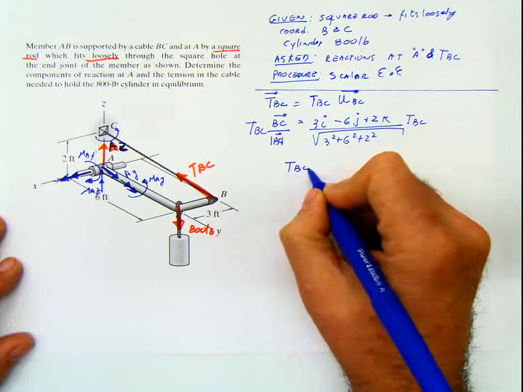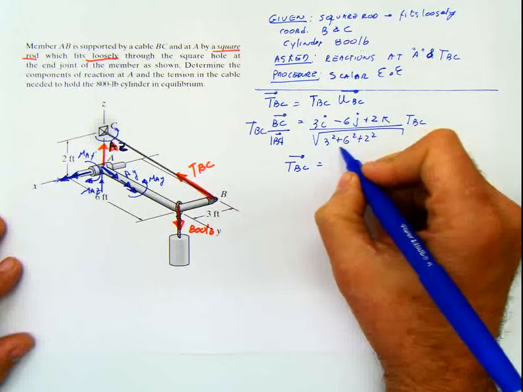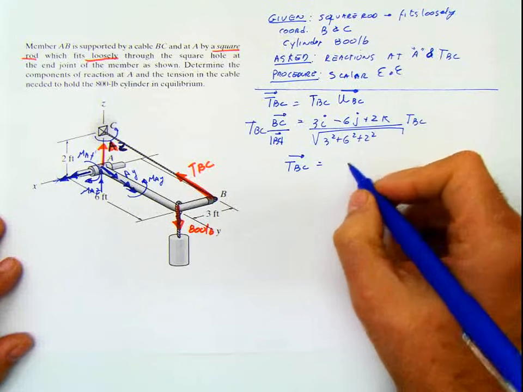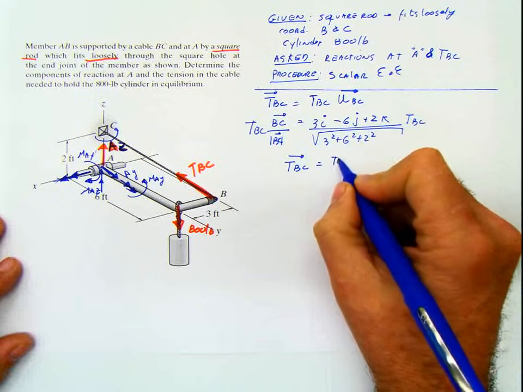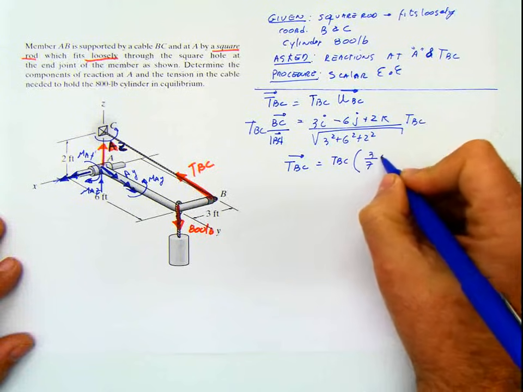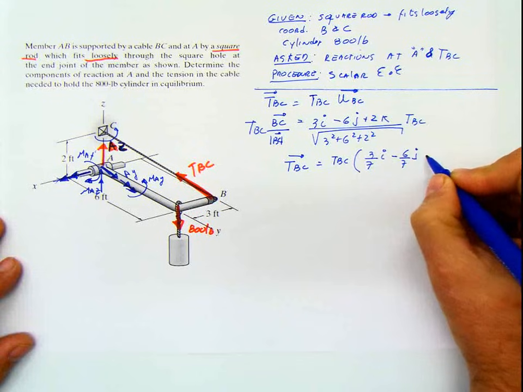So the vector TBC as a vector is going to be, this is 9, 36, 49, square root of 49 is 7. So it's going to be TBC that multiplies 3/7 in the I direction, -6/7 in the J direction, plus 2/7 in the K direction.